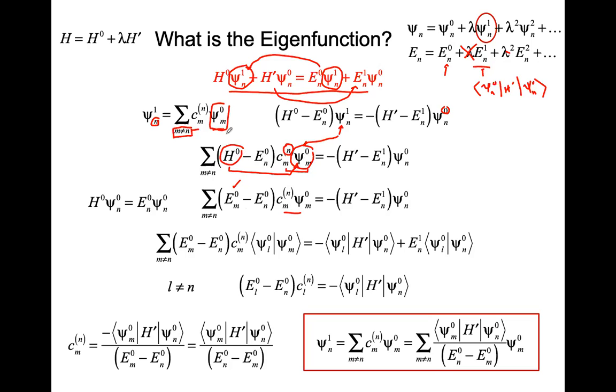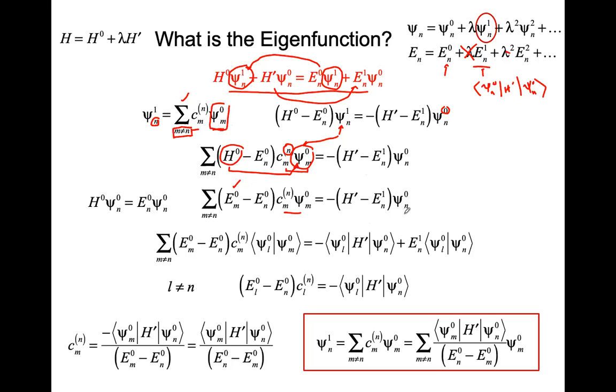Kind of cool that we can determine that the first order correction is going to be a series of the 0th order wave functions, because that allows me to do that, since that's just a constant now. And the other side just stays as it is.